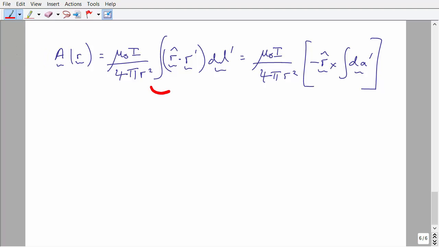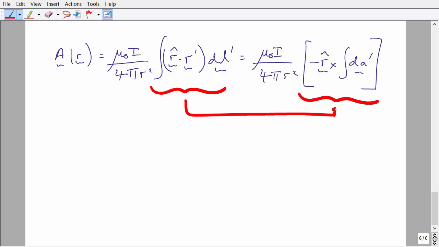Okay, so we have replaced this integral with this form of the integral, and you can look that proof up if you wish. I'm not going to prove it here. It's not particularly instructive, so I won't bother doing that.